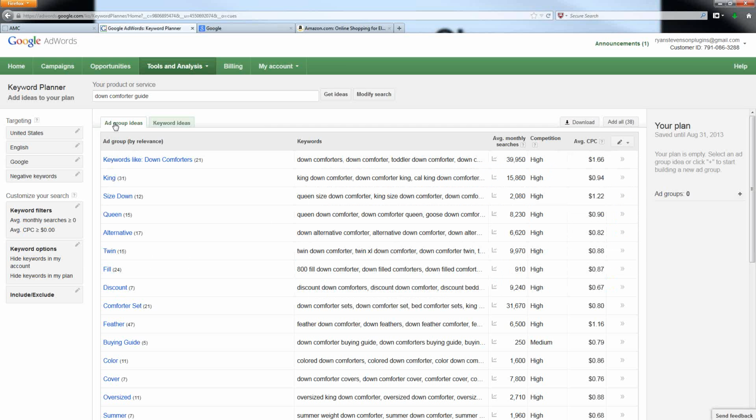Now, I actually like the ad group ideas area. The keyword ideas are really great, and you can find some specific keywords that you might be searching for, but for this particular purpose, I'm thinking more in terms of organization for my entire site, and I'm trying to figure out what the best ideas may be to target on this website.